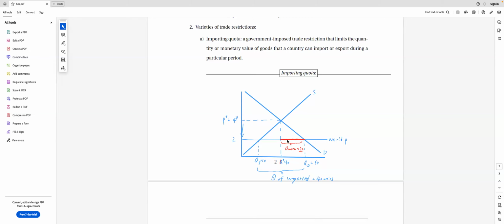So by adding this quota, one more step, the final step: the domestic producers now get opportunities, they can produce more. The effect of this quota is shifting the domestic supply curve to the right.